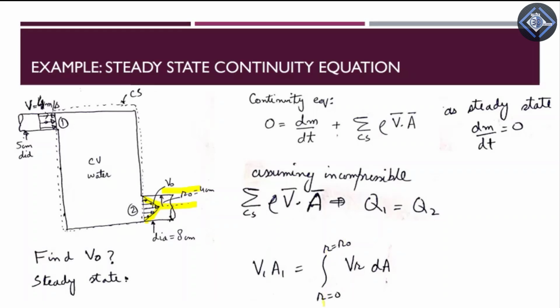We call this linear velocity from r is equal to 0 to r naught vr. And vr can be written as a function of v naught and the radius r, and it is written like that, v naught into 1 minus r over r naught.